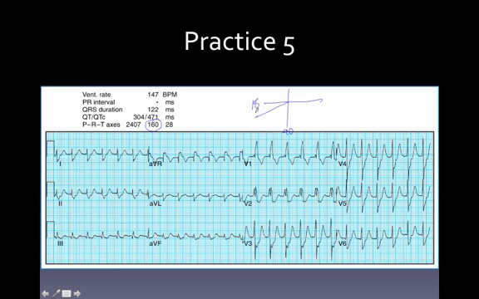We're at about right there, which we have a downward, biphasic, and an upward. 0 degrees, this is lead 1. 60 degrees would be lead 2. And 120 degrees would be lead 3. So is it headed towards this or away from it? The answer is it's away, so down.